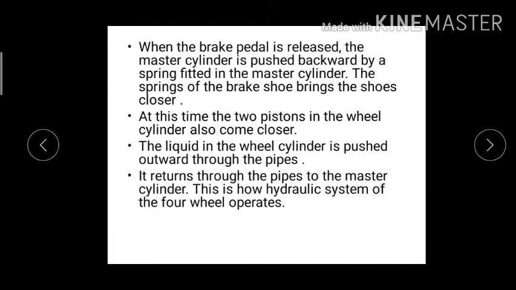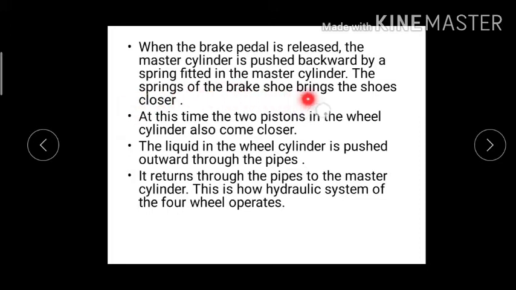Now in the next part, whenever the brake pedal is released, the piston in the master cylinder is pushed backwards by a spring fitted in the master cylinder. So there are two springs, one fitted in the master cylinder and one fitted in the brake shoe.